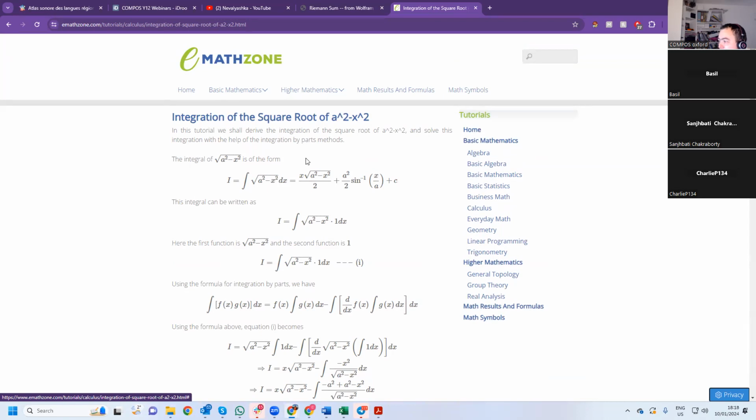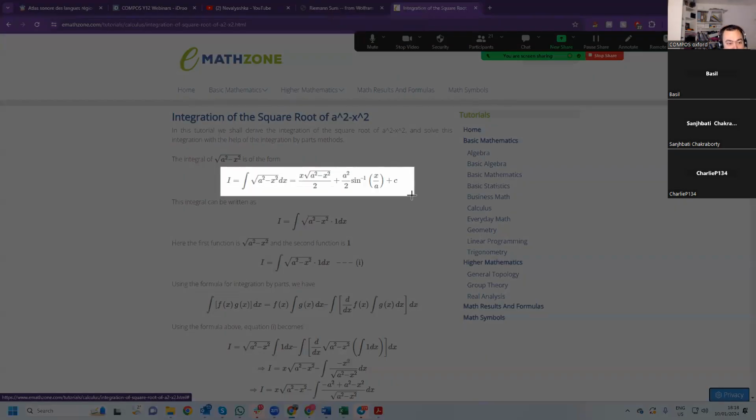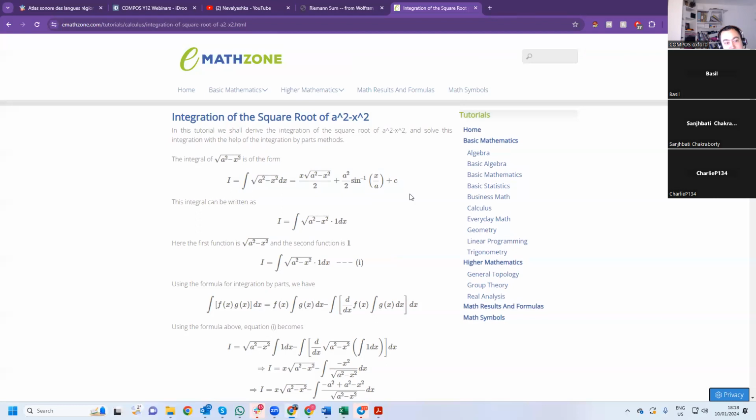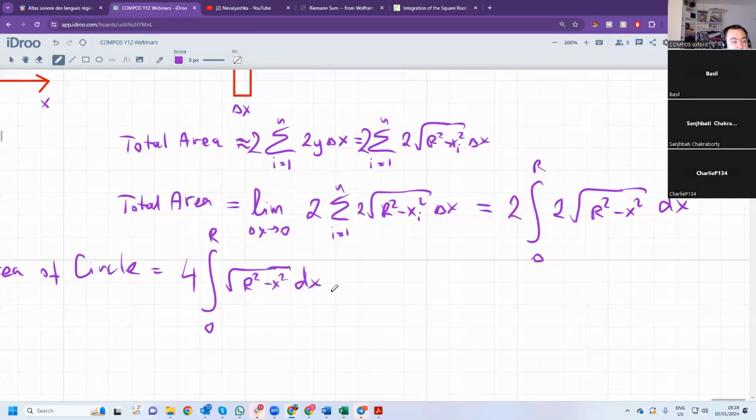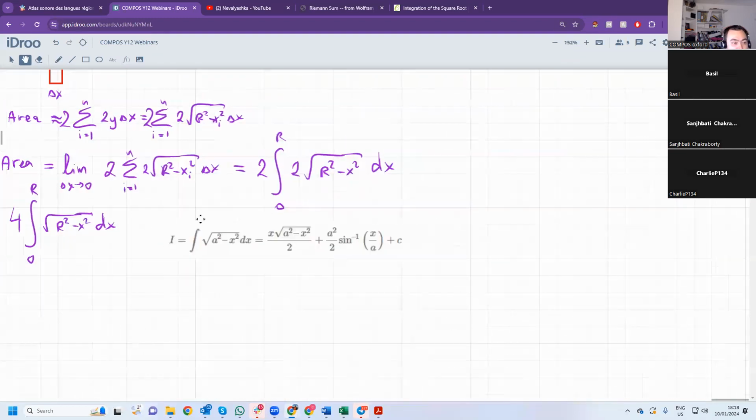As I said, integration is such a vast topic that it's almost impossible to know everything. So if you're not sure how to integrate, you can look it up. The substitution is r sine theta, and we just use the result.